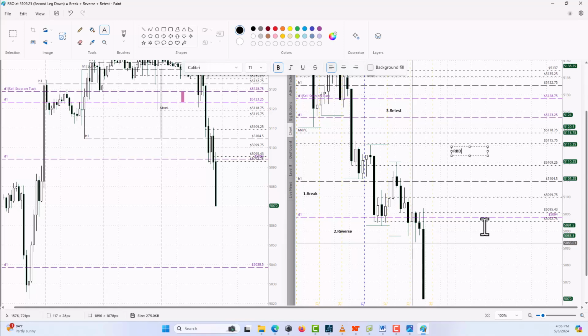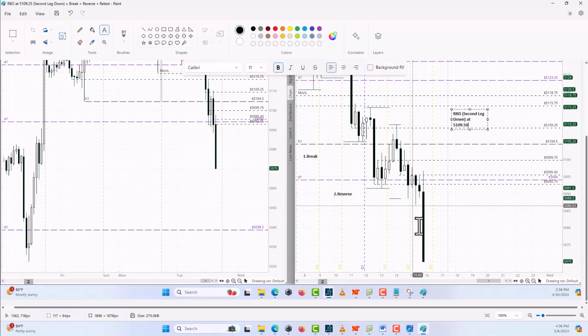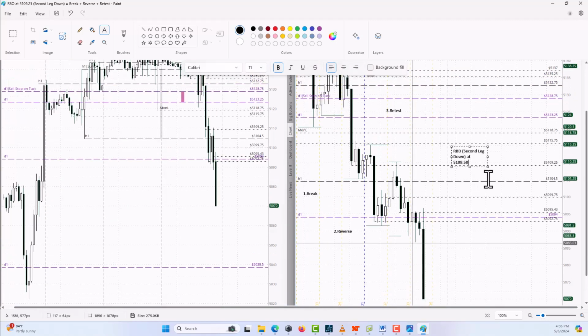Let's do a more specific breakdown. In this case it creates a second leg down setup right there at 5109.50, and you see it creates a fair value gap, and it can just retest it perfectly.